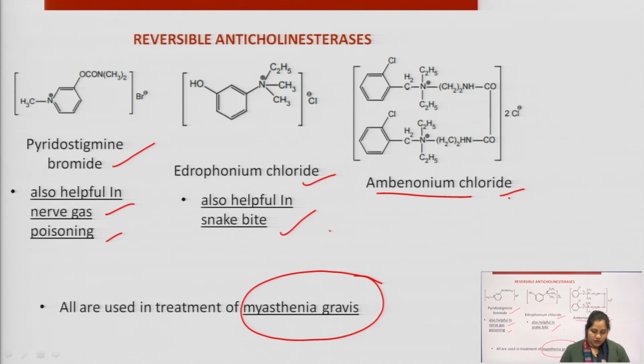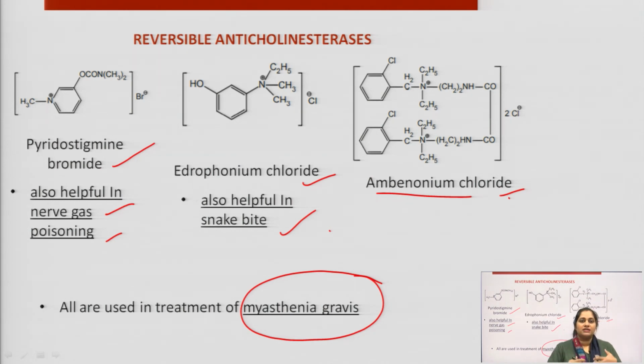What happens in the case of myasthenia gravis? Skeletal muscles are completely relaxed. Completely relaxed means the patient is not even able to move those skeletal muscles. So, what will happen by acting through these reversible anticholinesterase drugs?